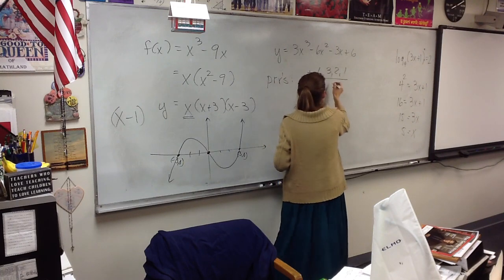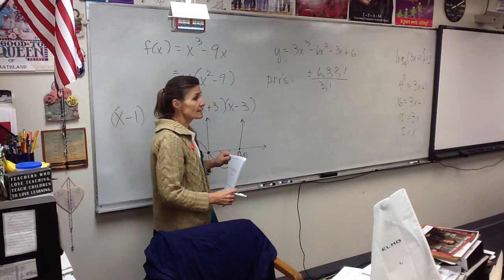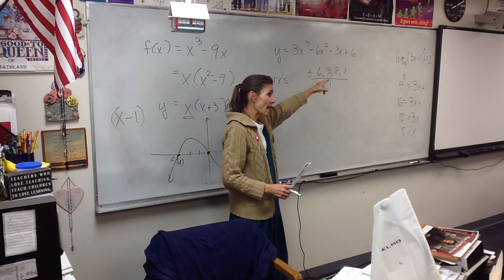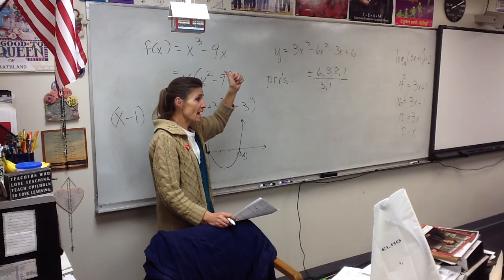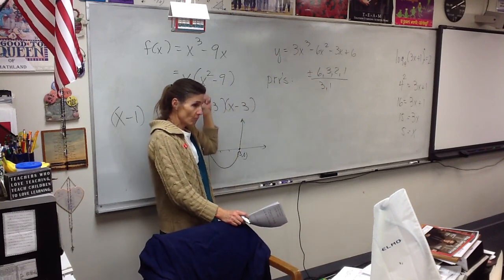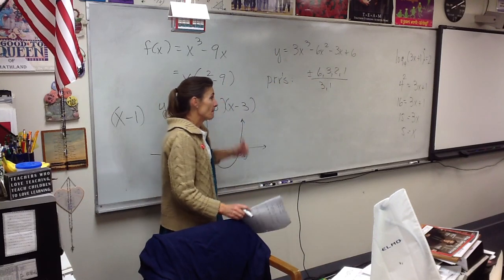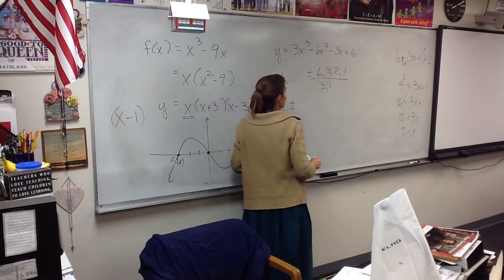Remember, when we do PRRs, first of all, it's always plus or minus. And second of all, it's factors of last over factors of first. Remember your Beatitudes. The least shall be first. The last over the first. So let's list them.